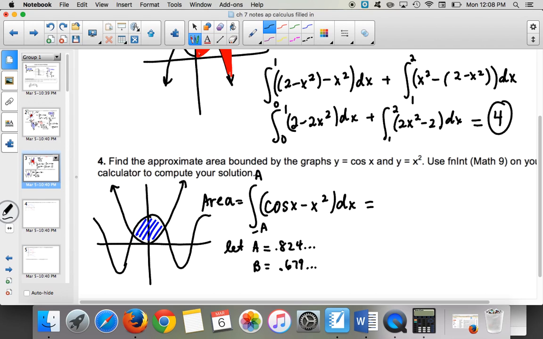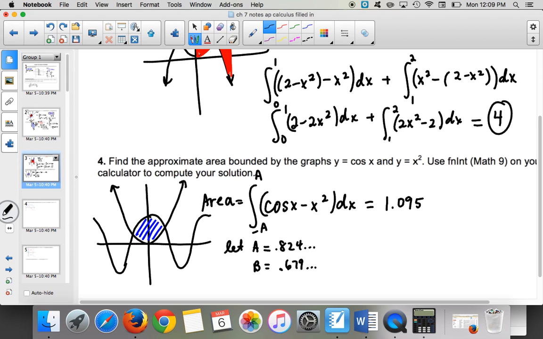All right, and then we do math 9. So anybody have it? You could even do your y1, y2. 1.095. Did we all get that? Yep. Katie? So on this one, you use just the x values. But on the other ones, you use the y values, right?